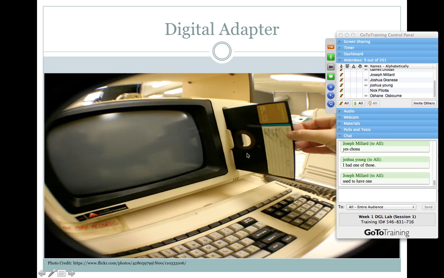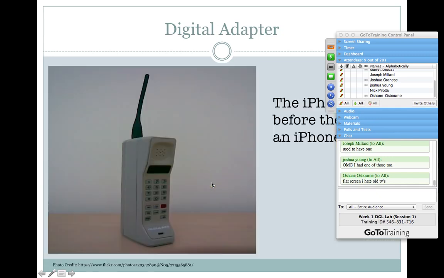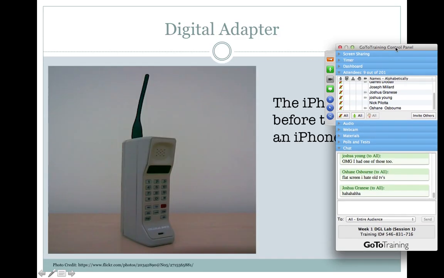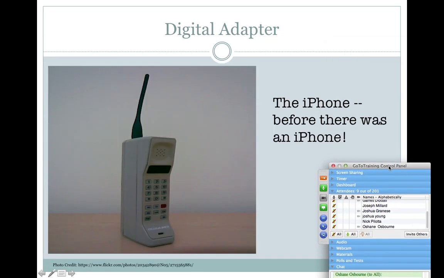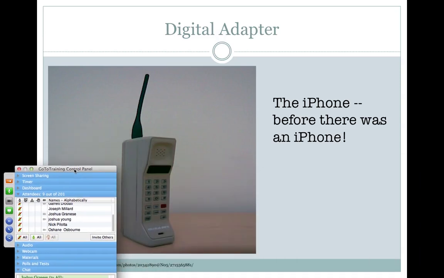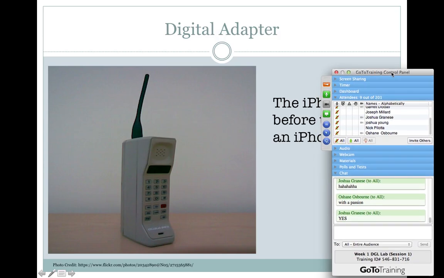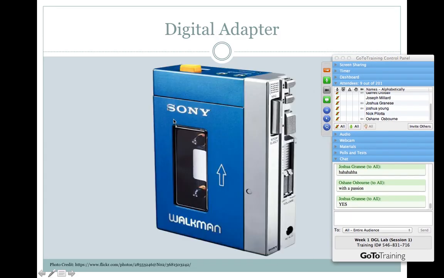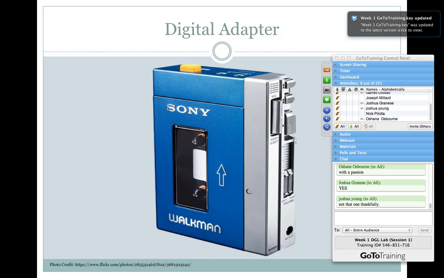Later, what was called a 3 1/2 floppy came along. This was what a cell phone looked like, right? This was the iPhone before there was an iPhone. This was my portable music device, right? This was like the iPod before the iPod.